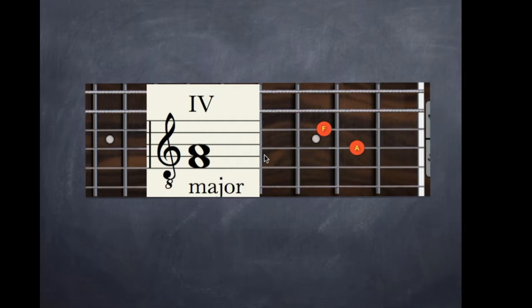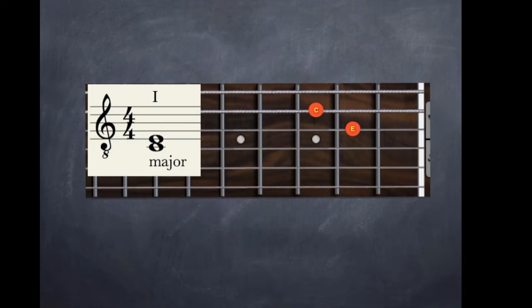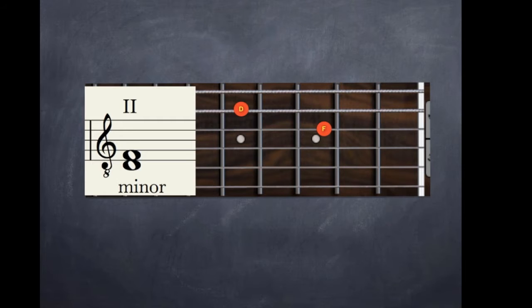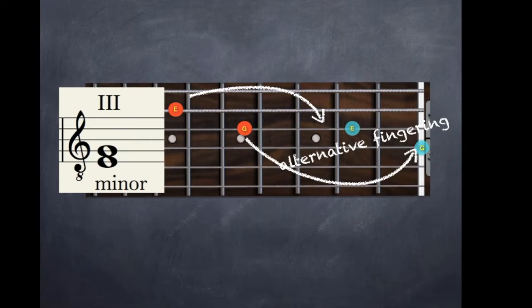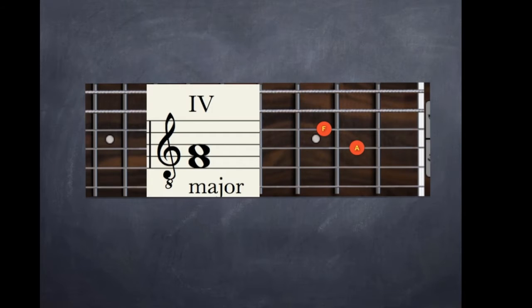So we notice that there's only 1 fret difference between this interval, the same as the first one on C. So we got major, minor, minor, major.